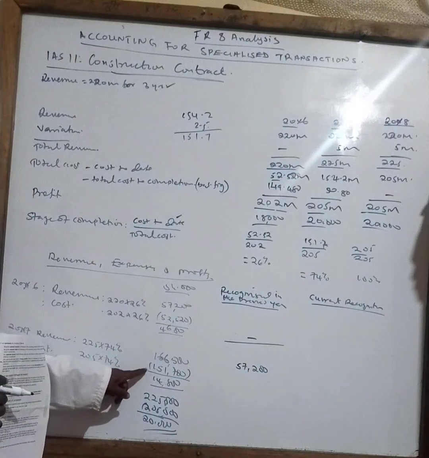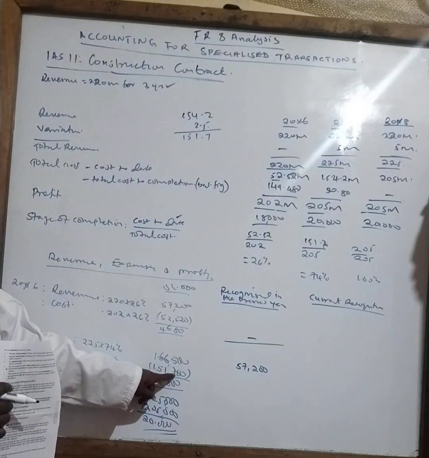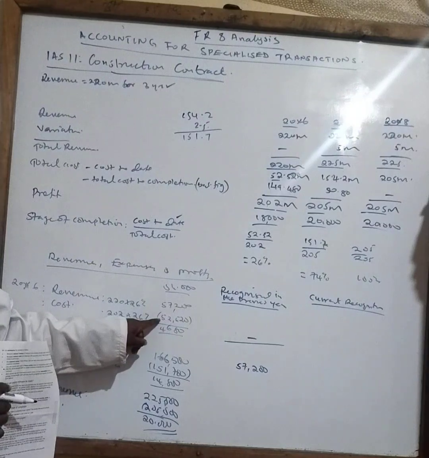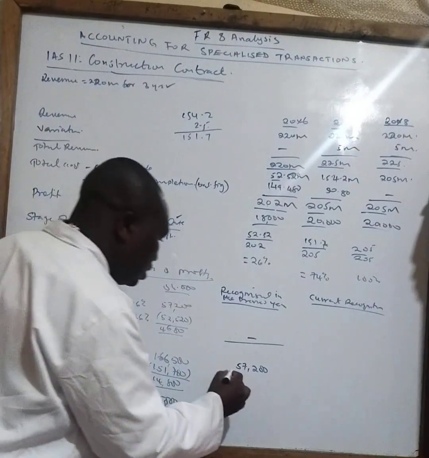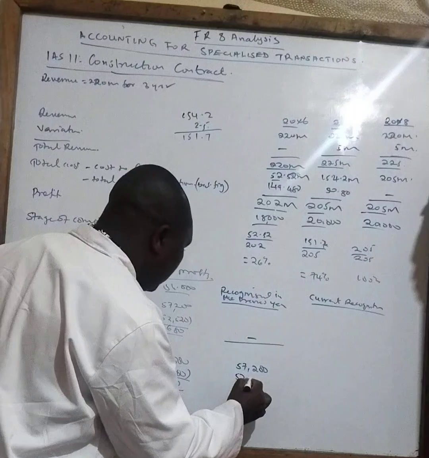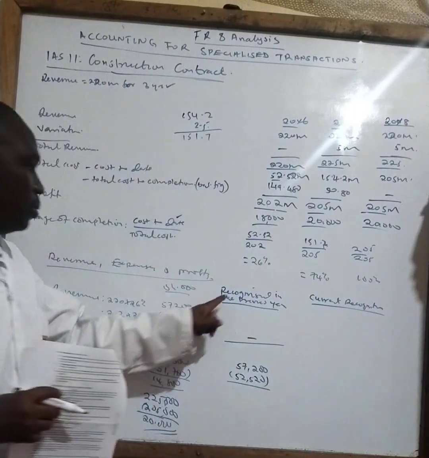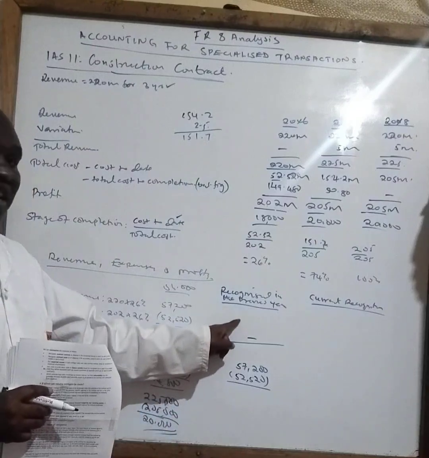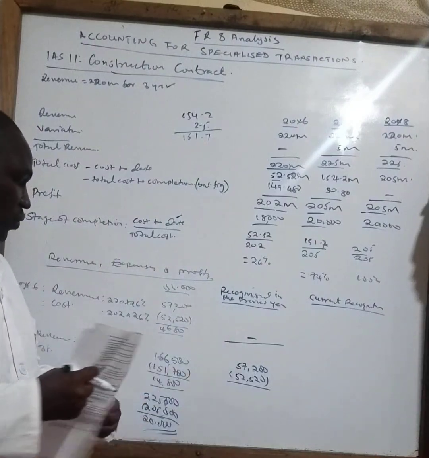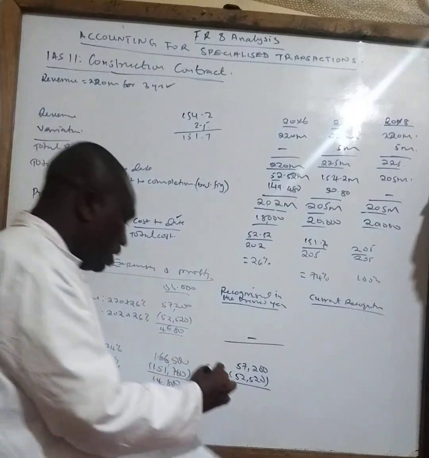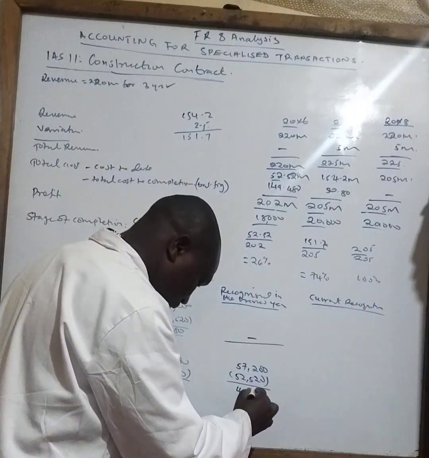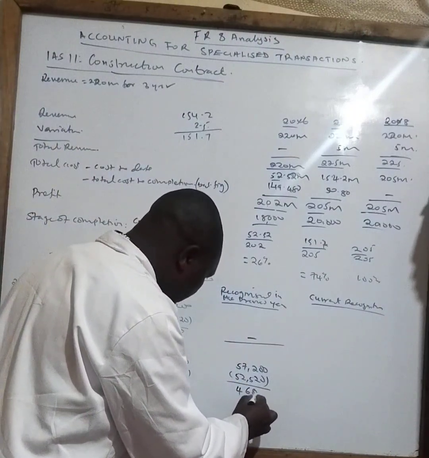Now, here we have 151,700. Previous was 52,520. I'm dealing with the previous. So for the first year, there is nothing current. If you subtract that, your answer is 4,680.